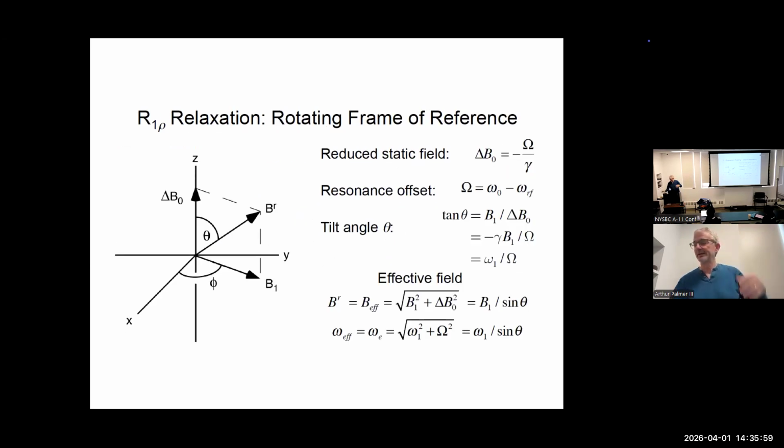So then the other approach is to turn on the B1 field, what's called R1 rho. And this is just to remind you that now we have a new frame. We have this tilted z-axis. This is the vector sum of the offset and the B1 field.